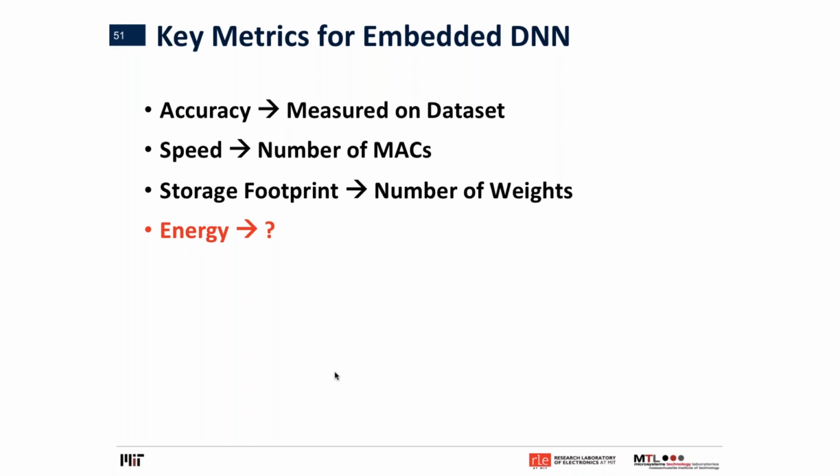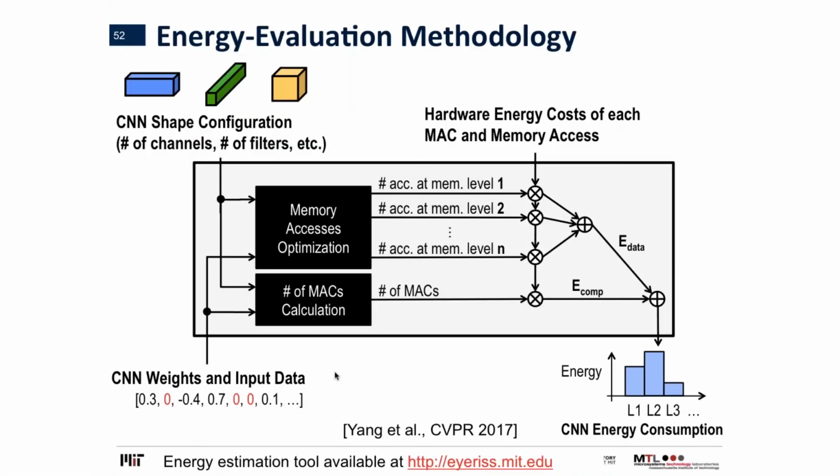So one of the tools that has been developed is this energy evaluation methodology. This comes from my group. The idea is that you can put the different shapes and configurations of the CNN into this energy estimation tool. You can also give it the weights and the input data in terms of showing its sparsity. What this tool will do is look at not just the number of MACs, but also how you might allocate the different layers of the network, the different shapes and weights, at the different levels of the memory hierarchy.